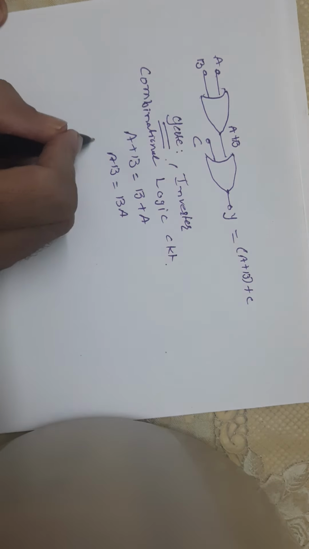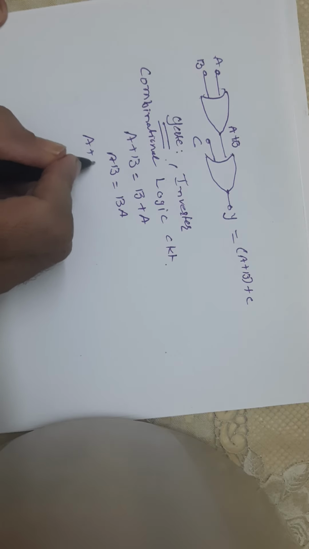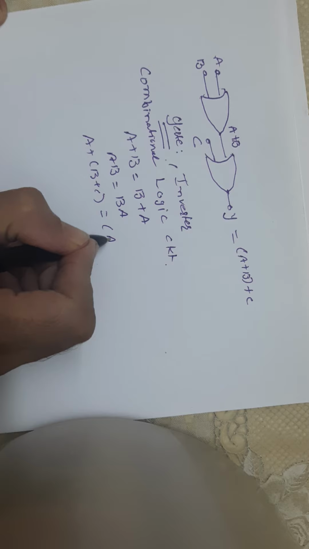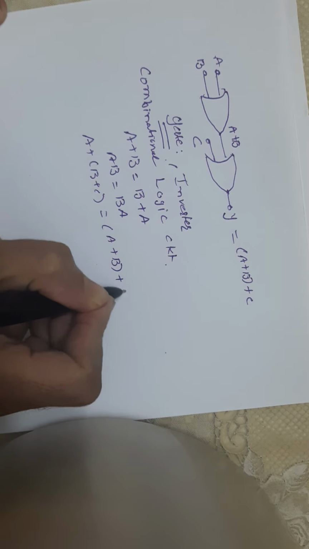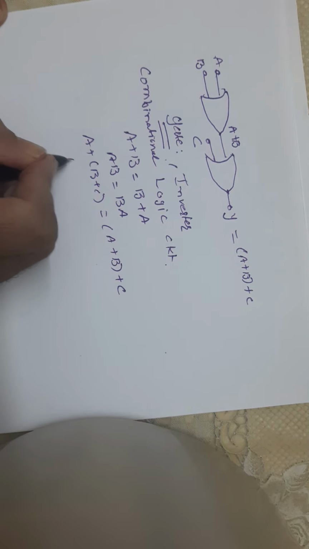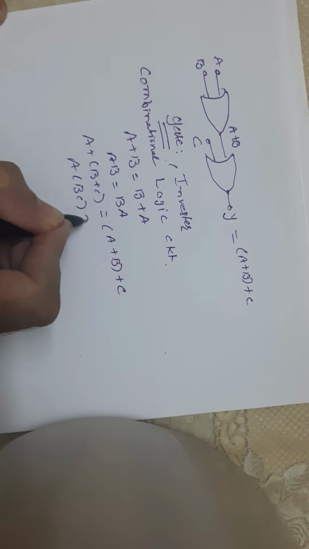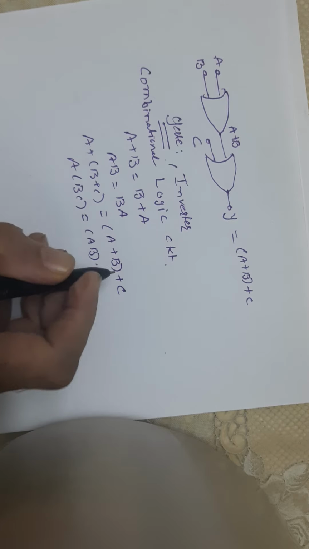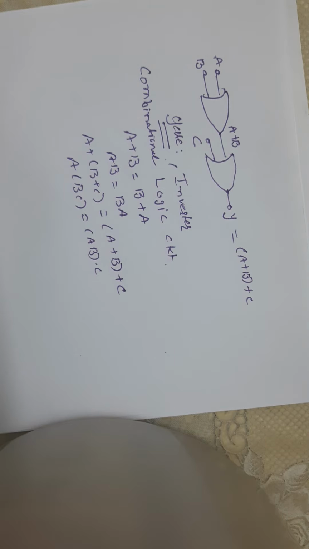A plus (B plus C) is equal to (A plus B) plus C. A dot BC is equal to AB dot C. It is like that. You can check with the truth table.